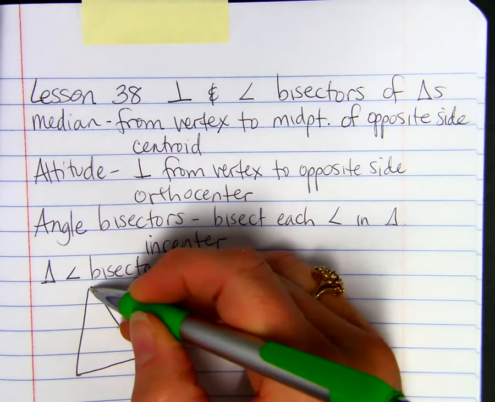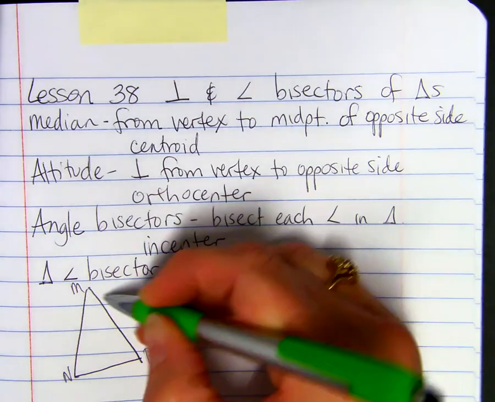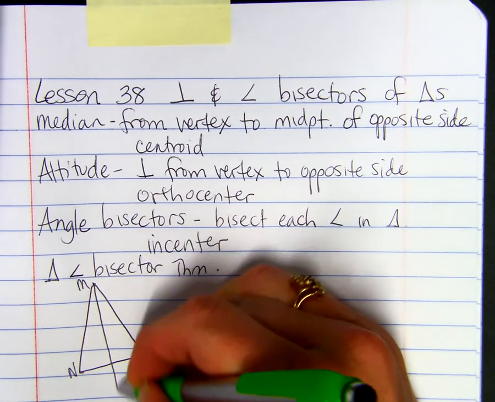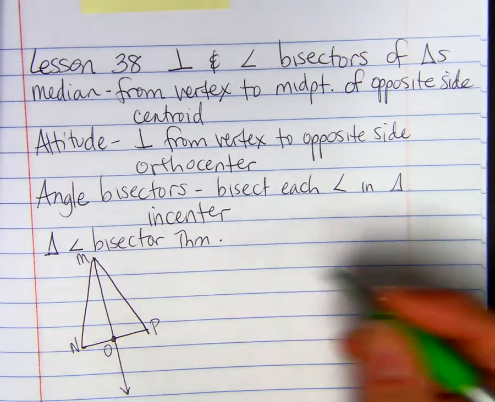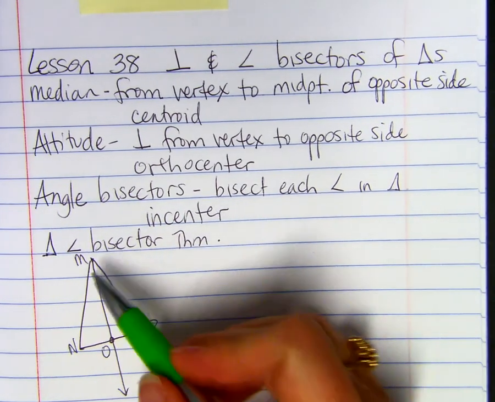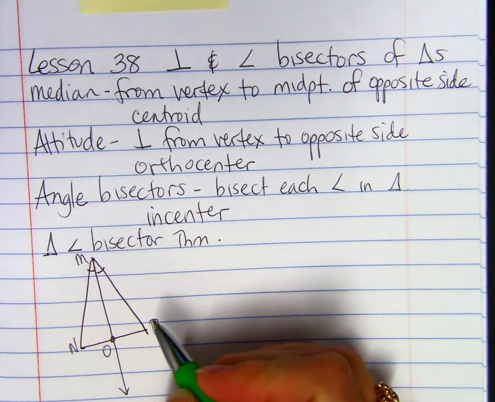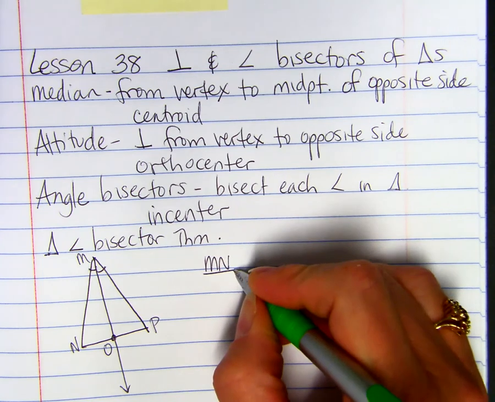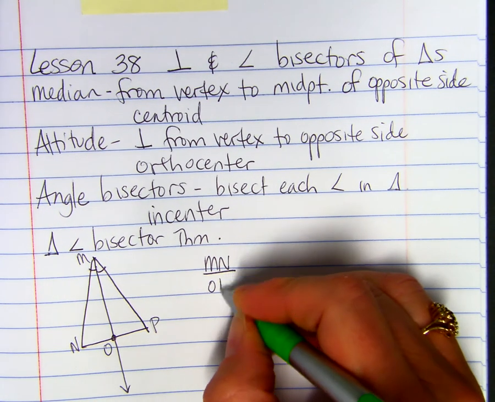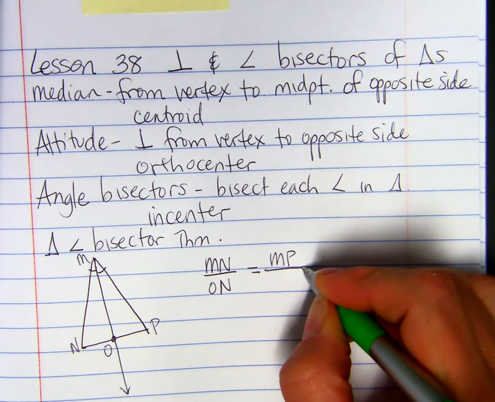If you bisect angle M, we'll call this O. Then if this is an angle bisector, which means these two angles are congruent, MN to ON is going to equal MP to OP.